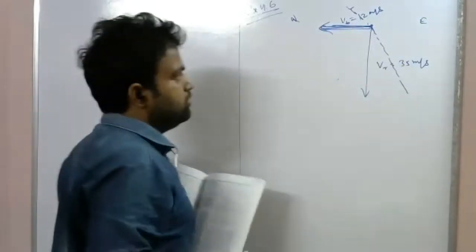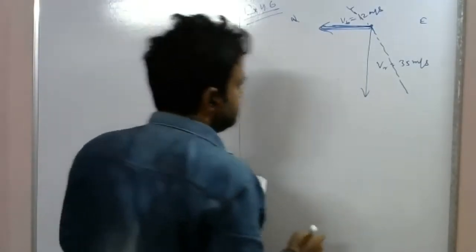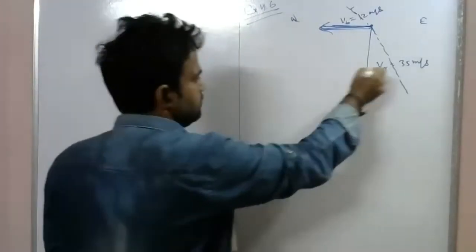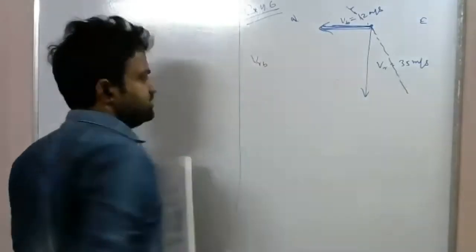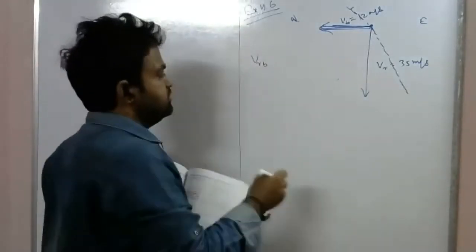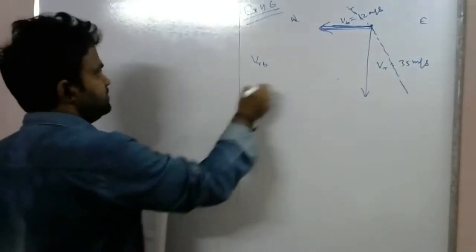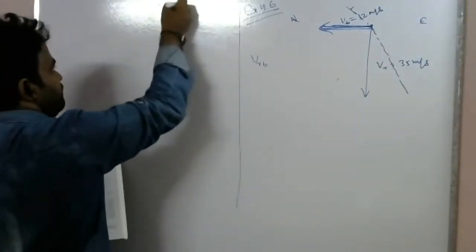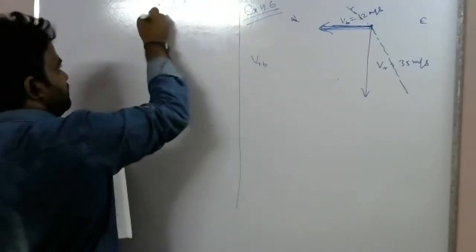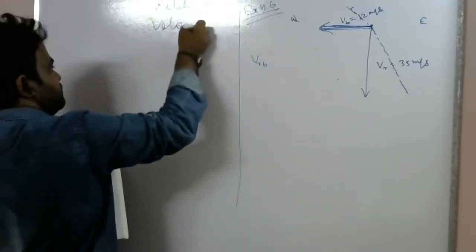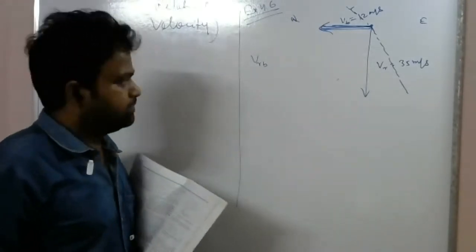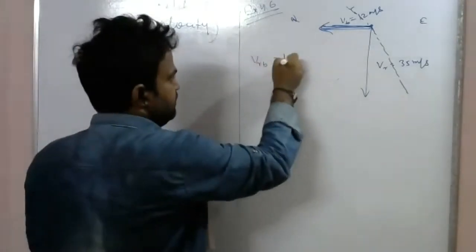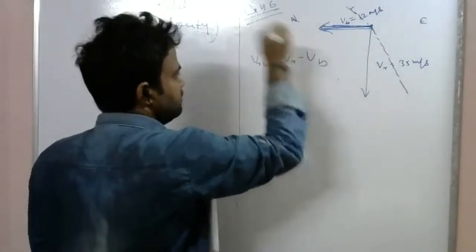Mathematically also we'll write the velocity of rain with respect to the bicycle. This is called the relative velocity concept. So VRB is VR minus VB.